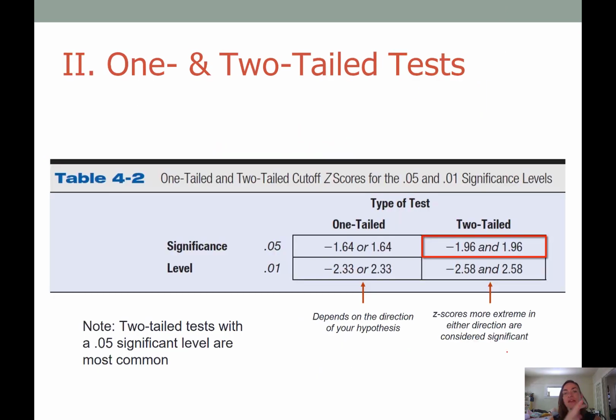Alrighty, so in the logic of hypothesis testing, remember that what we're interested in is testing for how unlikely the outcome of your study is if the null hypothesis were true.